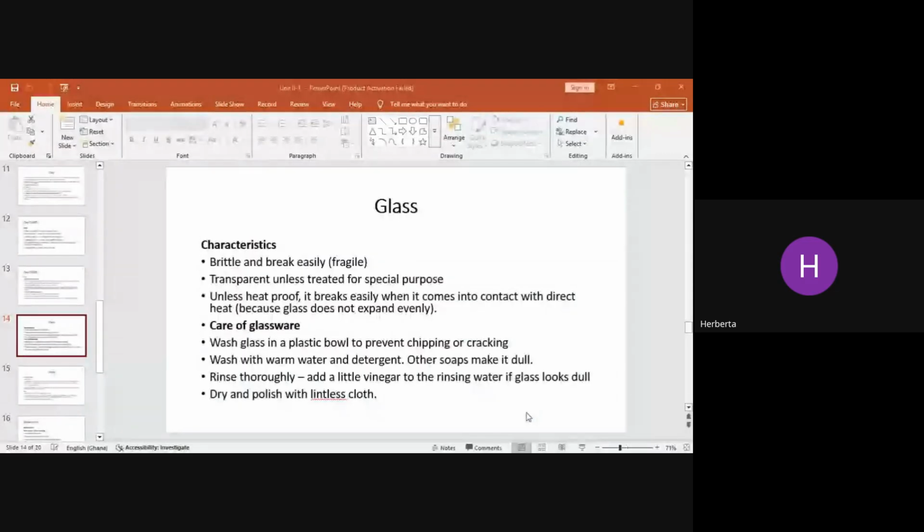And then you leave it to dry thoroughly and you store them. When you are about to use it, you just use the lensless cloth or the microfiber cloth to polish it. Polish means to clean it before it is being used for serving.